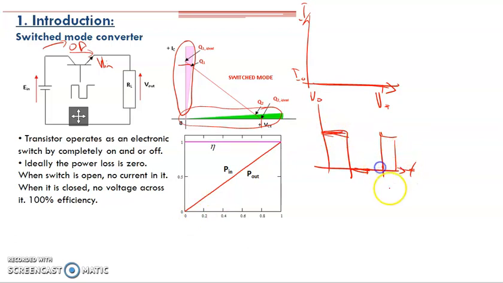So for any cycles, the efficiency is the same. P out is the amount of P in that is delivered to the load. Just now when we used linear, we can see that the losses look like this.